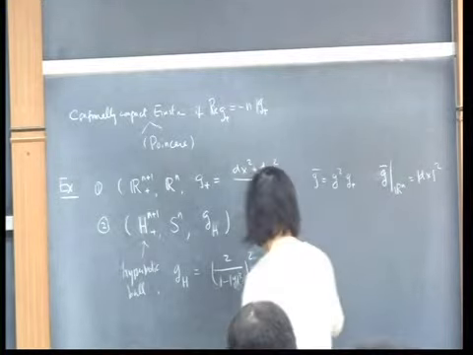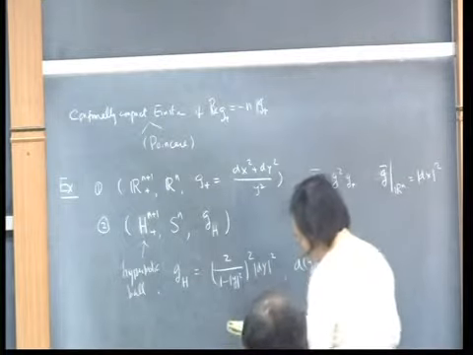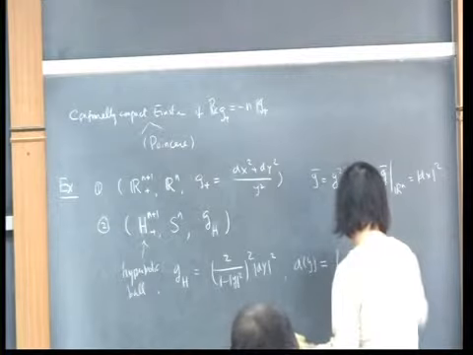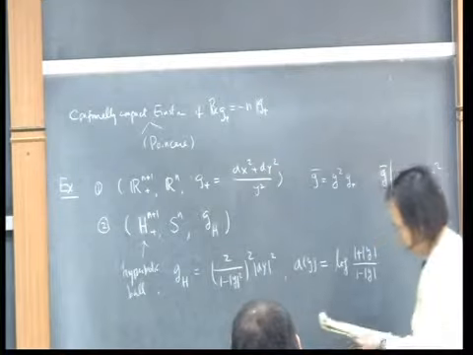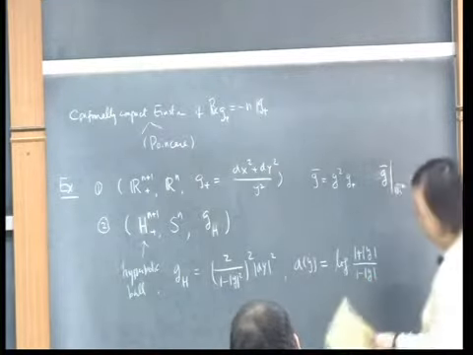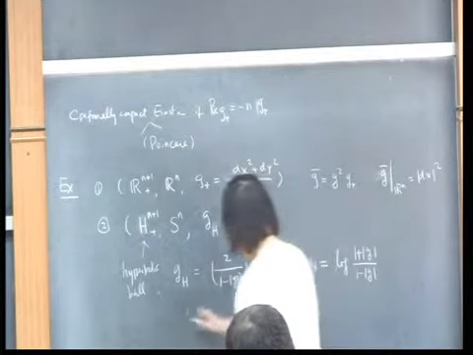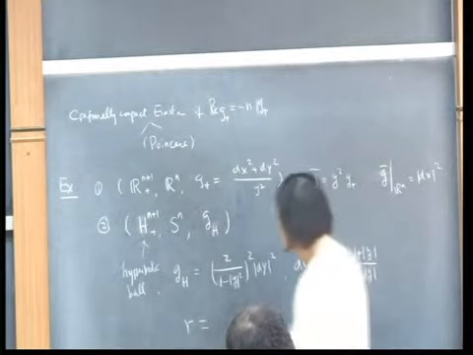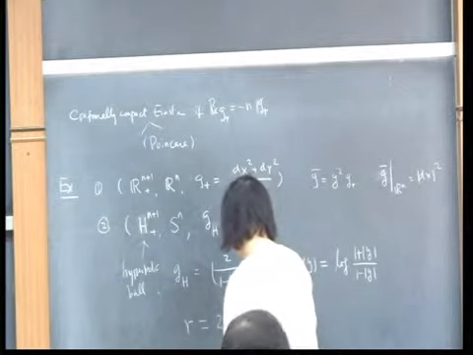In that case, it turns out the natural defining function is d(y), which is equal to log of (1 plus y) over (1 minus y). This is the hyperbolic distance from a point y to 0. And the good defining function, the geodesic defining function, is equal to 2 times (1 minus y) over (1 plus y).